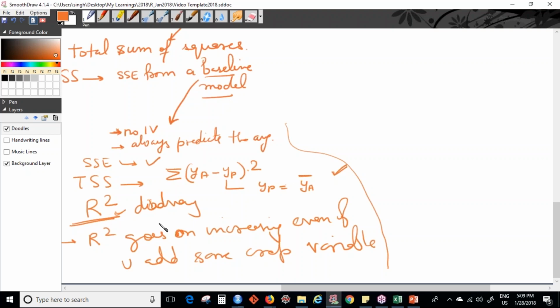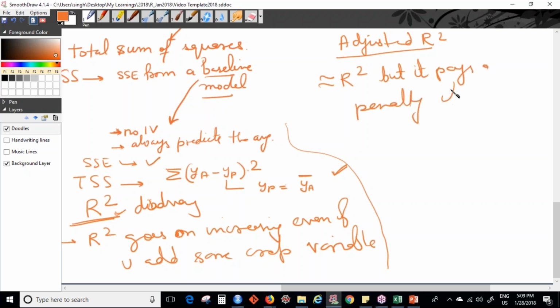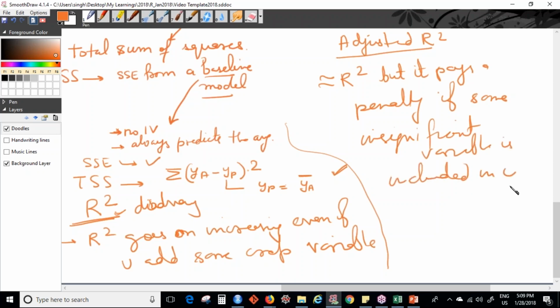So to compensate for that, we have an additional parameter called adjusted R square. As the name suggests, it is very similar to R square, but it pays a penalty if some insignificant variable is included in your model.